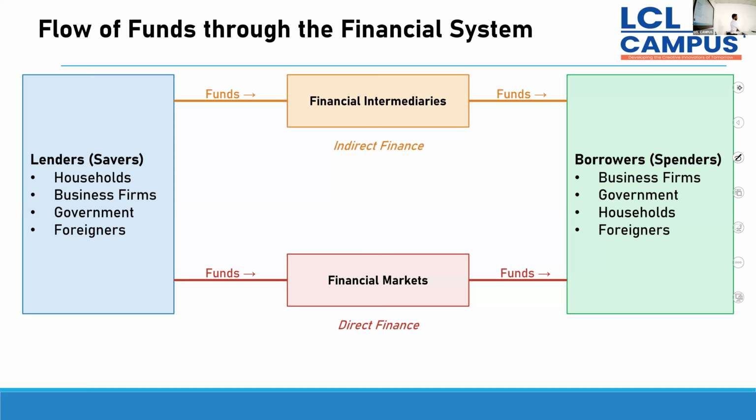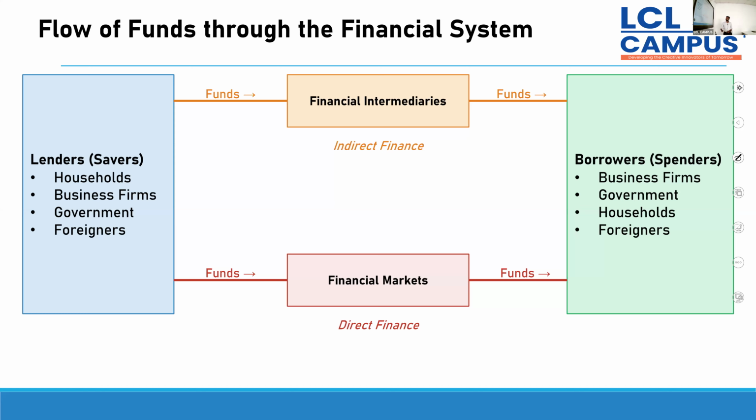These are the lenders. Lenders means savers, those who have excess money. On this side, you have borrowers or spenders. They need funds, they have the need for money. So this financial system facilitates these needy people to interact with those who have the excess funds.